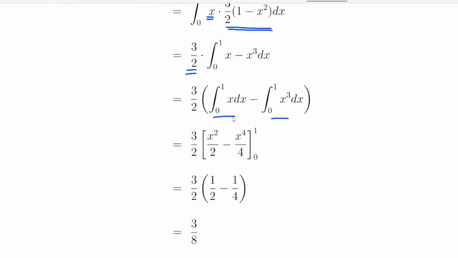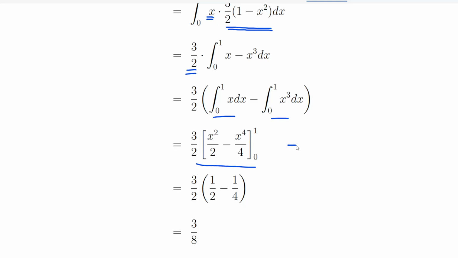So 3 over 2 times the integral of x dx, that is x squared over 2, and when we integrate x cubed we get x to the power 4 over 4. So essentially we have this expression here. That is 1 squared divided by 2 minus 1 to the power 4 divided by 4, which works out to be 1 half.